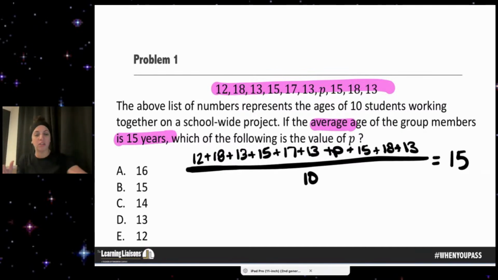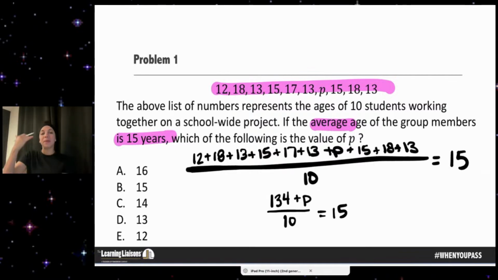So now I'm going to add all those numbers together on the top. So 12 plus 18 plus 13 plus 15 plus 17 plus 13 plus 15 plus 18 plus 13 equals 134. So I have 134 plus P divided by 10 equals 15, right?